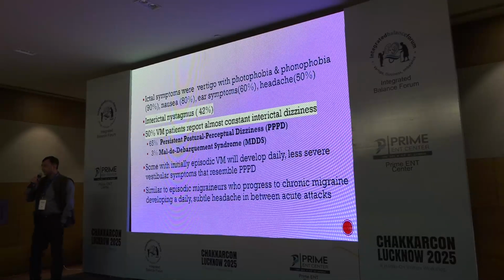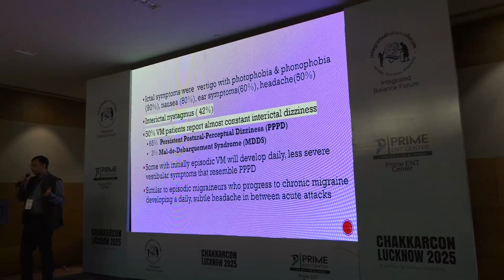Here, if you see, there were ictal symptoms present. In 90% of cases there was photophobia, even in the ictal phase, and interictal nystagmus was present in 42%. 50% of vestibular migraine patients reported almost constant interictal dizziness. 65% of these patients had triple PD.